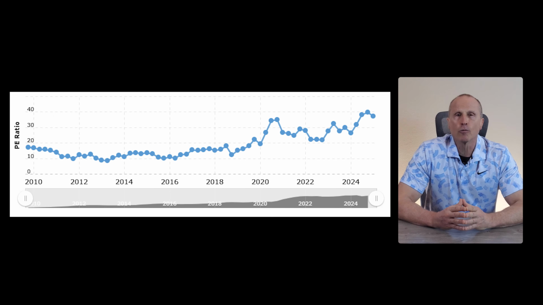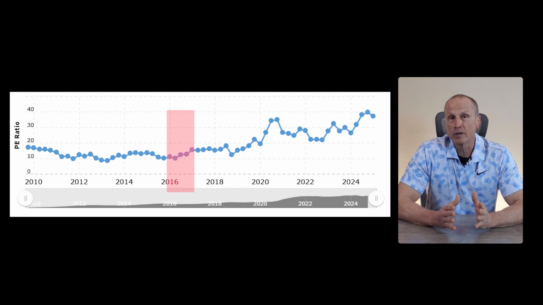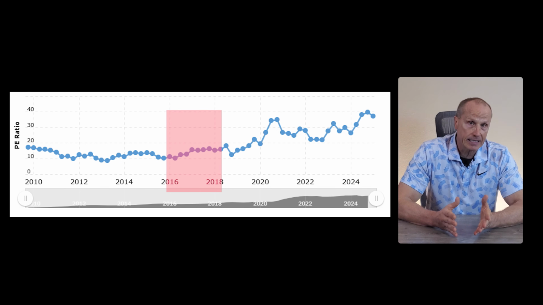Now, let's take a look at what Warren Buffett did with his investments in Apple. He started buying Apple in the first quarter of 2016, when the share price was around $30, and the PE ratio was about 11. He kept buying throughout 2016 and continued adding to his position into the third quarter all the way up to 2018.